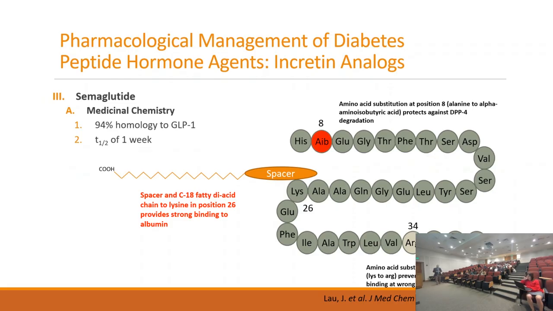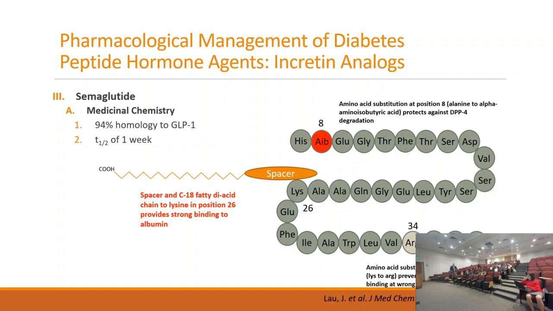And what we've done in semaglutide is replace that with an unnatural amino acid residue, alpha-aminoisobutyric acid, which is what AIB stands for. Again, this substitution protects this drug molecule from metabolism by the DPP-4 enzyme.